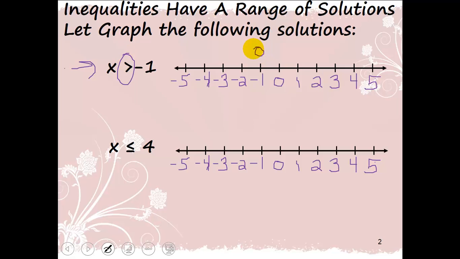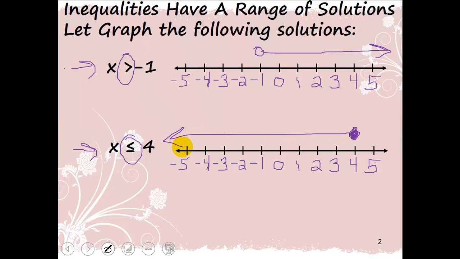And greater than says it's got to go to the right. And that's how we would graph x is greater than -1. If we wanted to graph x is less than or equal to 4, we would put in a closed, solid circle over 4, and then that points to the left, so we're going to draw it off to the left like that.